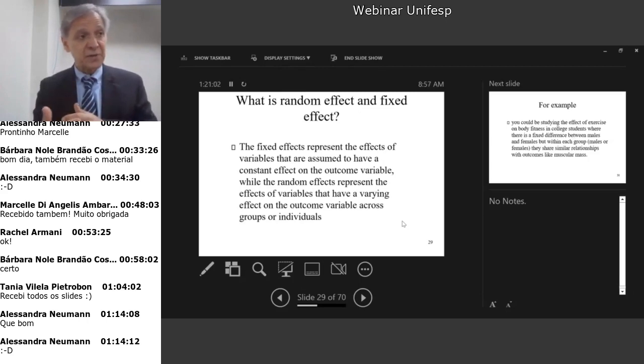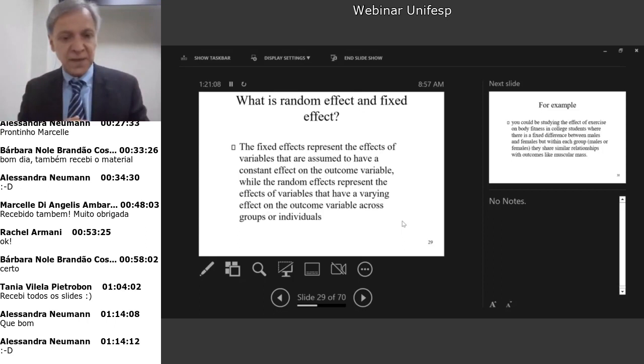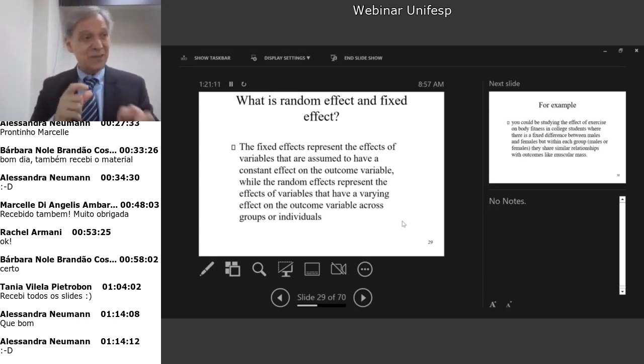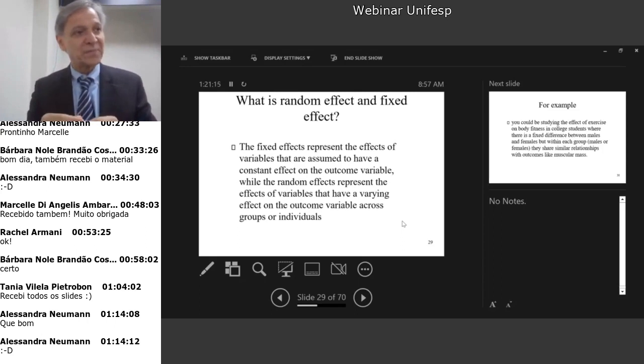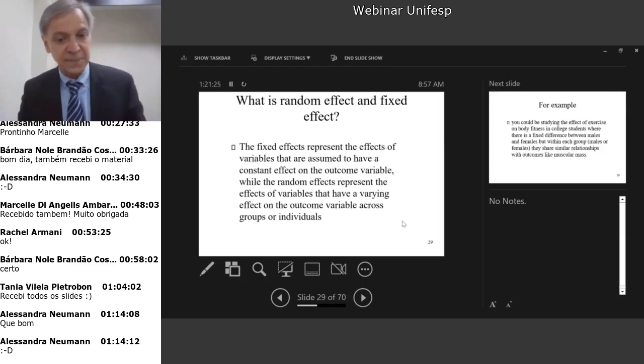So women will respond differently because of the hormonal level they have for this specific experiment. Well, the effect of sex is a fixed effect. It's going to happen to all the women, okay? It's not random; it doesn't come and go, come to one and not to the other. Whereas the treatment effect is random. So you have a mixed effect situation here, okay?